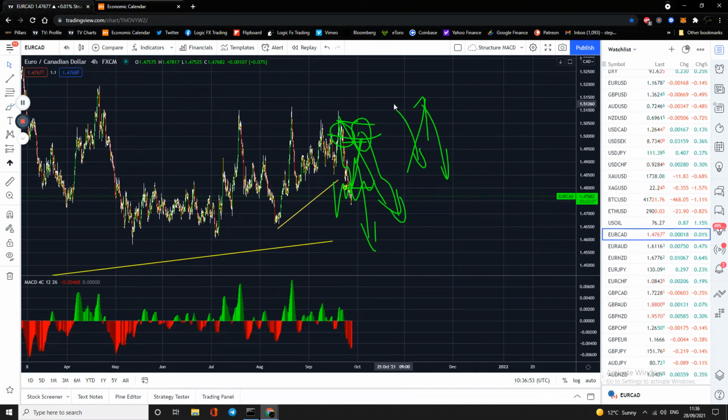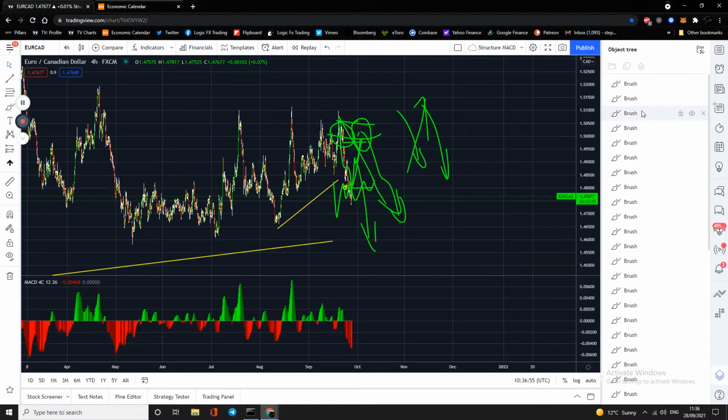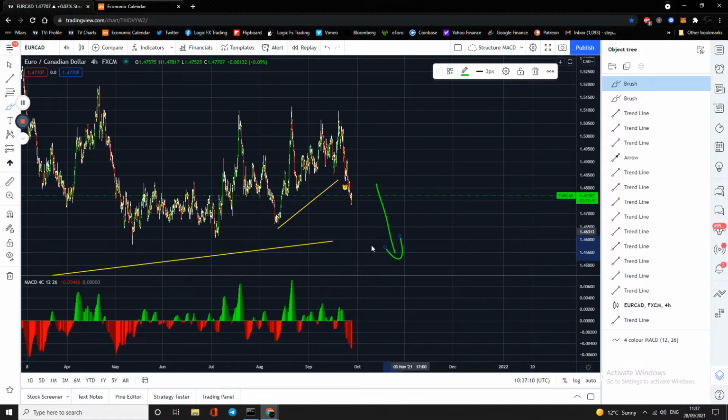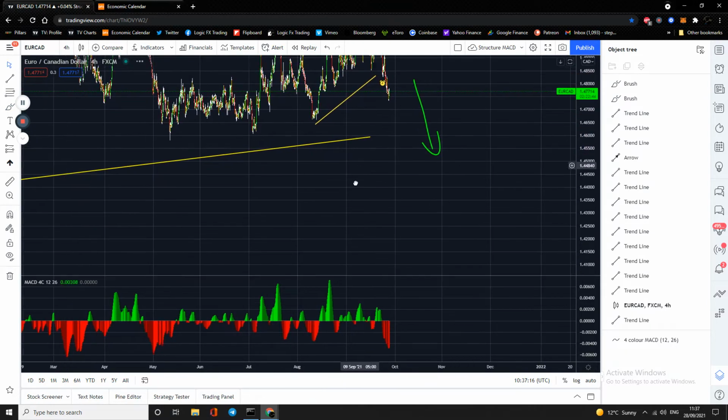Euro CAD. Now, given that overnight I've decided that the dollar is going to edge higher, generally that will mean that the euro will edge lower, and therefore this will continue to move in that direction. I'm not going to say it's going to get to that target, guys. That's not how we operate.